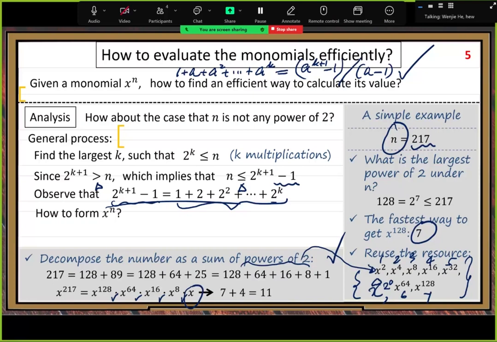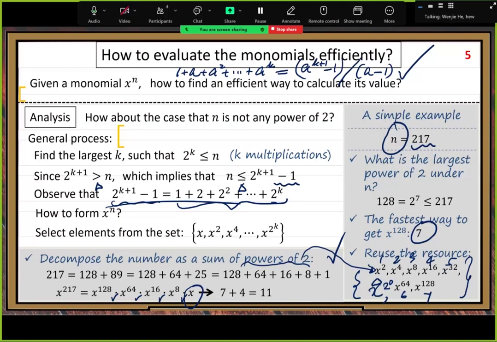All right. Then how do we form x to the n using the binary representation? There is a relationship. You select, but how to select? There is a relationship with the binary representation. If you represent n as a binary expression, you have coefficients 1, 0, 1, 0, and so on. At a place with 1, you select the corresponding monomial.